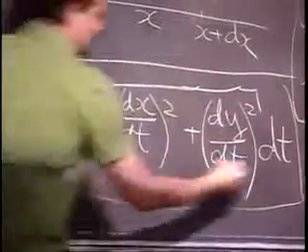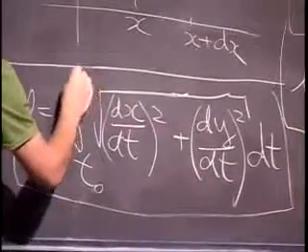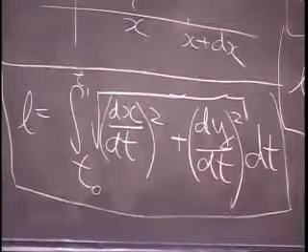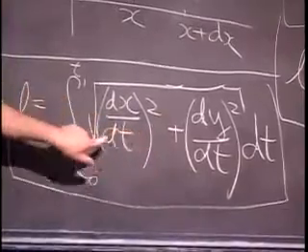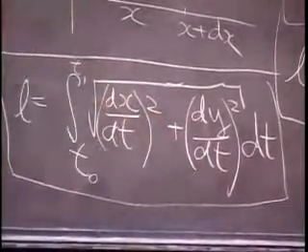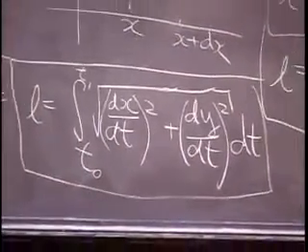And that is taken from the first parameter t0 to the last parameter t1. Again, imagine if you pull the dt into the square root. You get dt squared, and that would knock out these denominators and reduce you to this prototypical formula. So it's another special case of that formula.